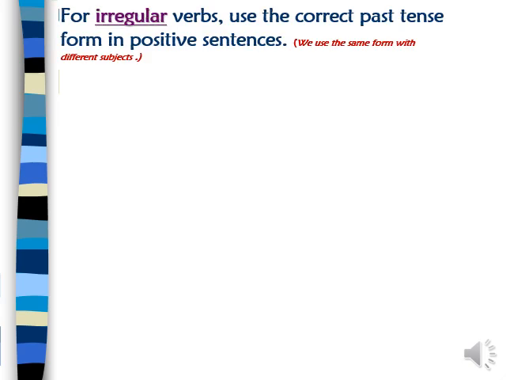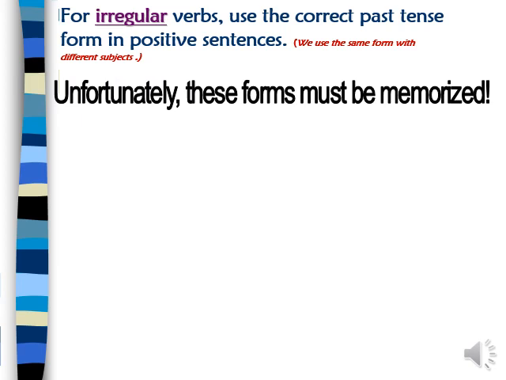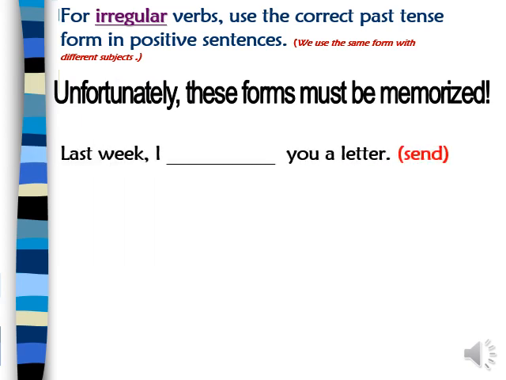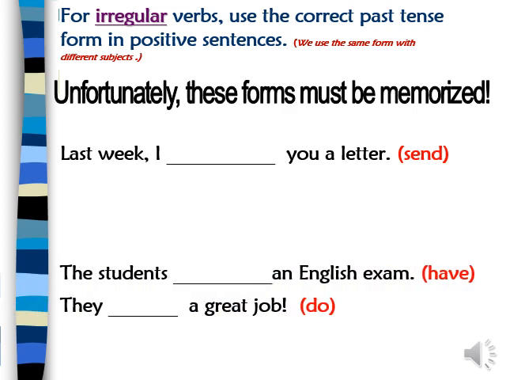For irregular verbs, use the correct past tense form in positive sentences. Unfortunately, these forms must be memorized. Look at the first sentence. Last week, you blank a letter. Use the verb send. Yes, excellent.